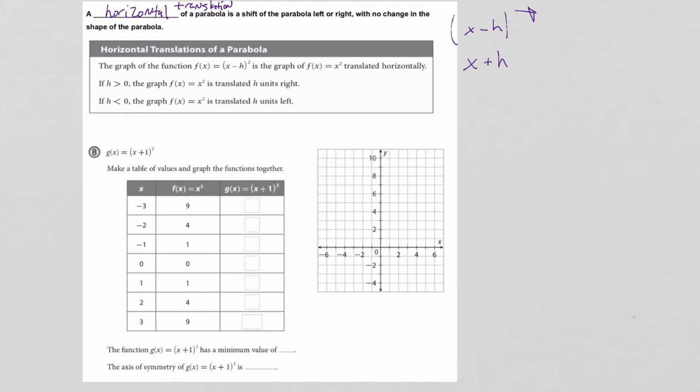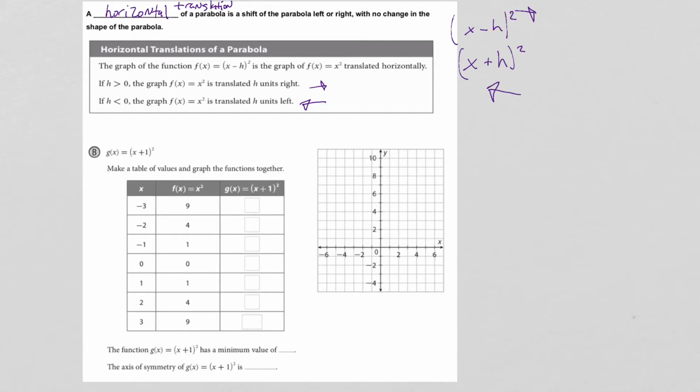If it's like x plus h, we're talking about the squared part, you're going left. And it's basically the same rules as with absolute value. So hopefully the more you see this, as you see other functions in your math career, the rules still apply. When h is bigger than 0, we're going to the right, less than 0 to the left.